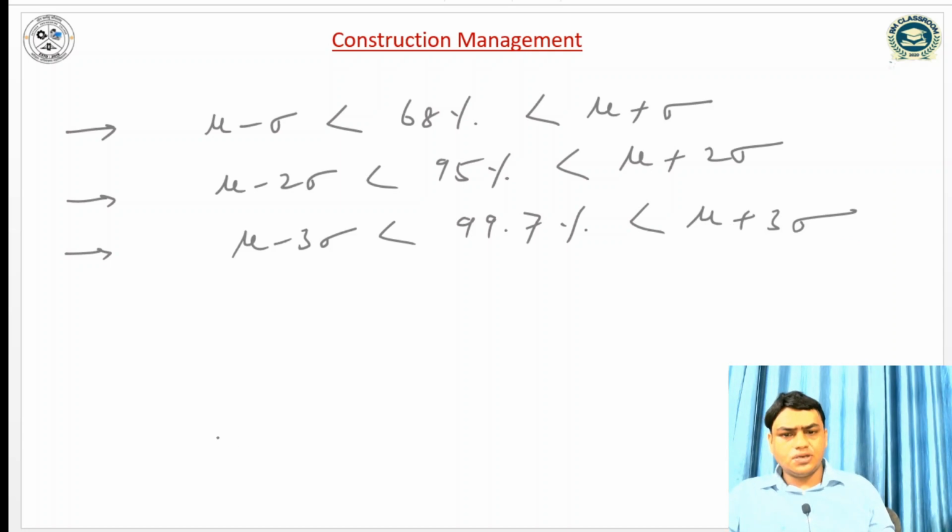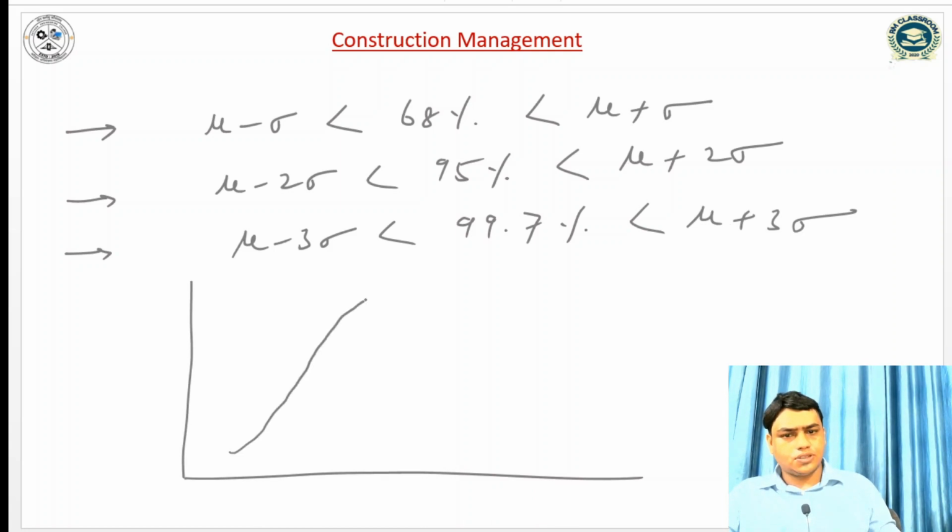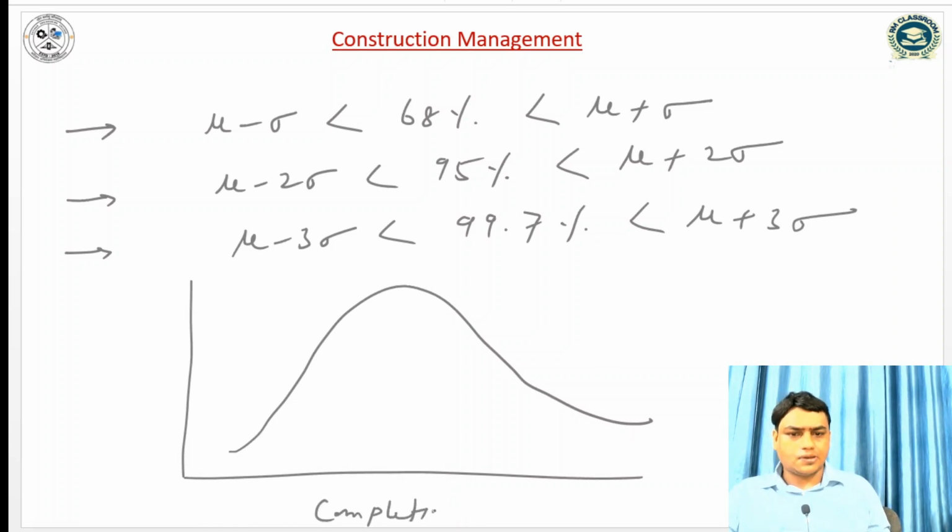So if I draw the probability distribution curve, this is completion time, and this is the mean.